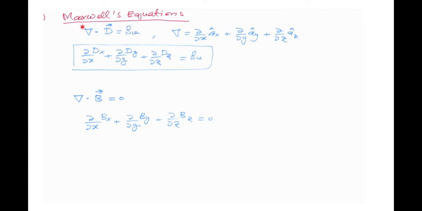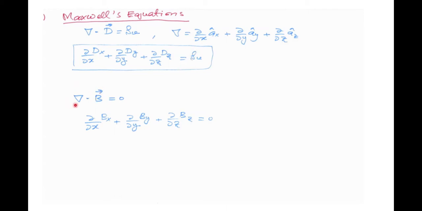Then we can write the divergence of the D field in this form, because the dot product of the same unit vector produces one, and the dot product of different unit vectors produces zero. So this equation may be written in this form: partial by partial x Dx plus partial by partial y Dy plus partial by partial z Dz equal to rho v, where rho v is the volume charge density.